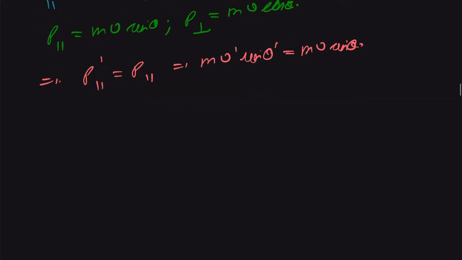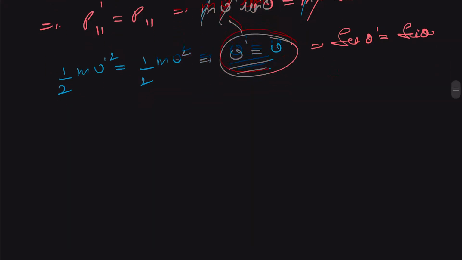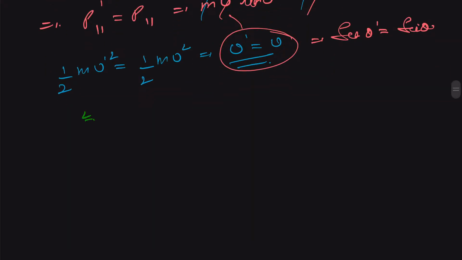And from conservation of energy, half m v prime square is equal to half m v square. So we get v prime is equal to v. Therefore, the mass goes away, and the velocity also cancels out. Therefore, we get sine of theta prime is equal to sine of theta. And from here, theta prime is equal to pi minus theta.